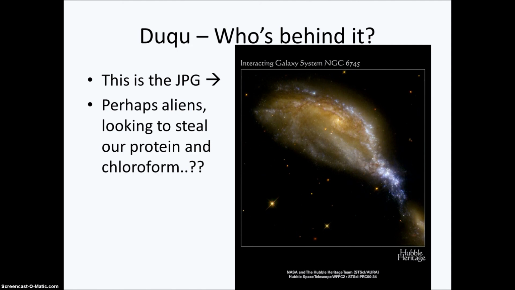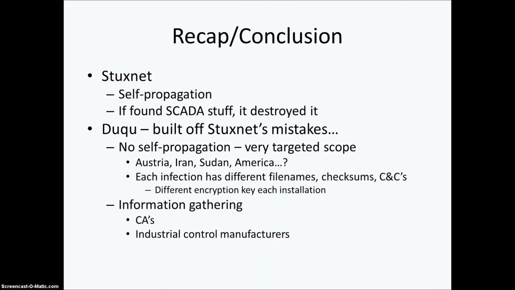Each infection had different file names, checksums, command and control centers, etc. A different encryption key was used for each installation of Duqu. And it's interesting, a lot of people believe that Duqu was built off Stuxnet's mistakes, because Stuxnet did self-propagate, and because of that it became very hard to control, because it just spread like nuts. So Duqu didn't do that, right?